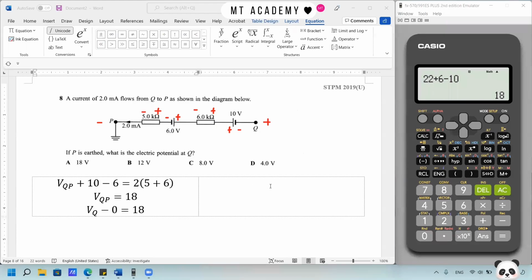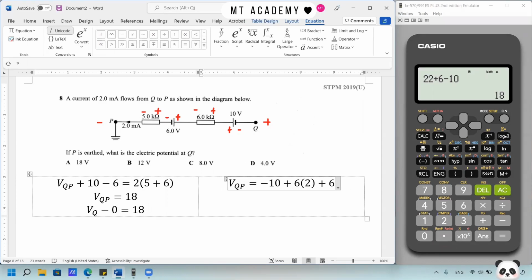So from here we can see that VQP is going to equal to minus 10 since it is against the polarity, plus 6 multiply 2 milliampere, plus 6 volt since it follows the direction, plus 5 kilo multiply 2 milliampere.